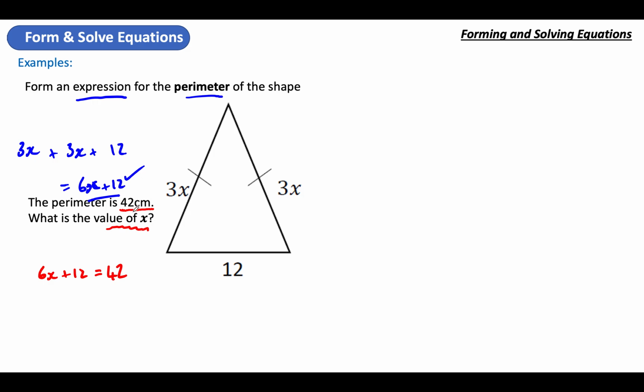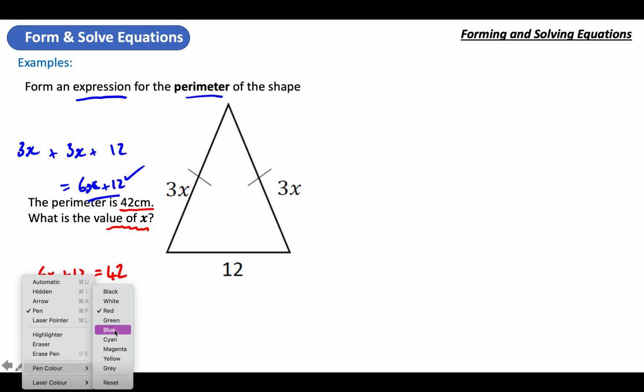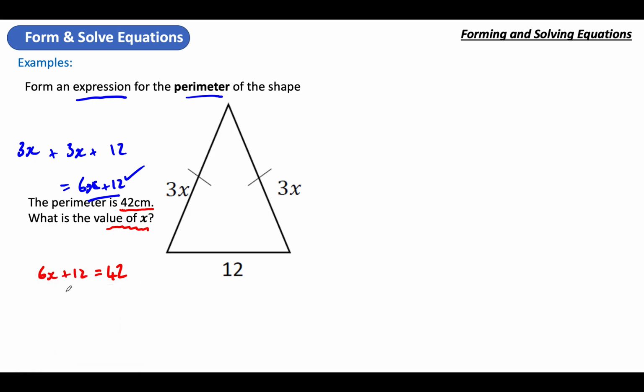So that's why they give you the second bit of information. So 6x plus 12 is the perimeter in algebra, but actually I know that it's worth 42. So you write it as equal 42. Then you solve it as you would ordinarily solve any old equation, just like we did earlier on. And so I would take away 12 from both sides.